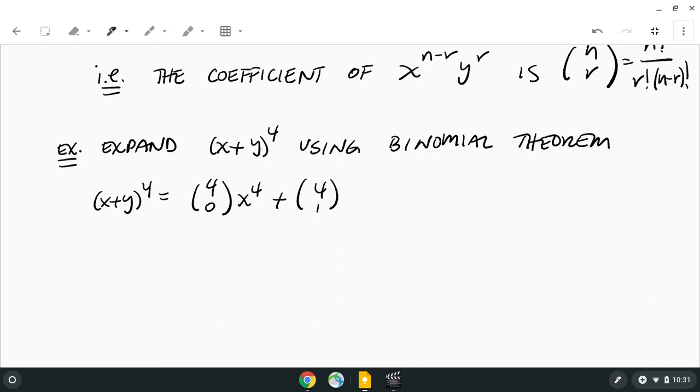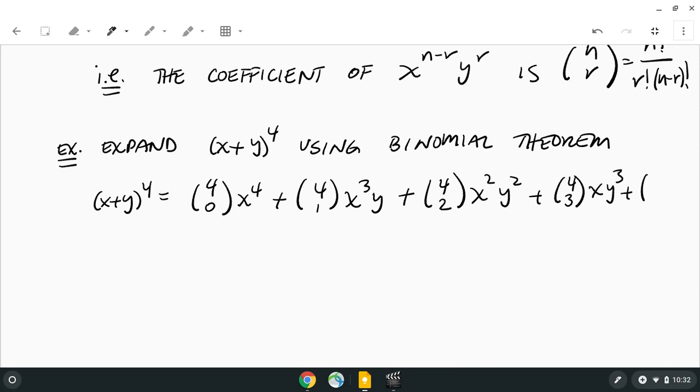and then 4 choose 1. That top number is always going to be n, so it's always going to be 4. x cubed y, 4 choose 2. Oops. 4 choose 3, until you get to 4 choose 4, okay?